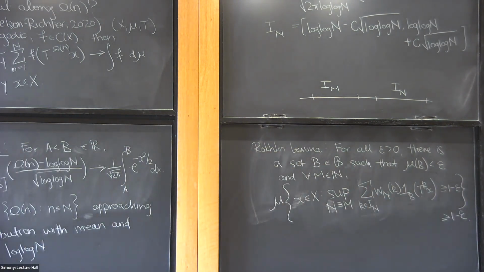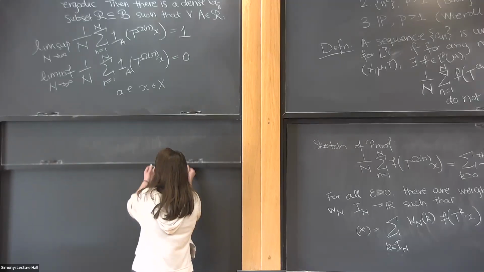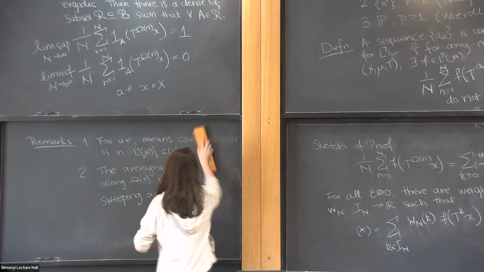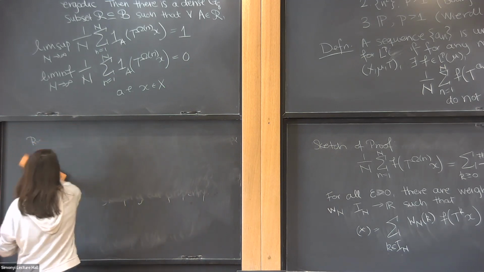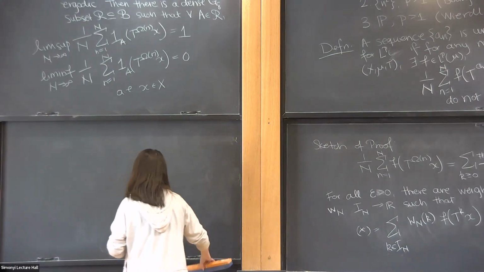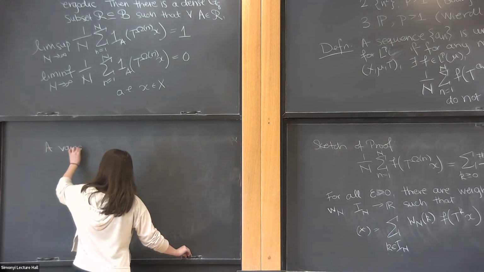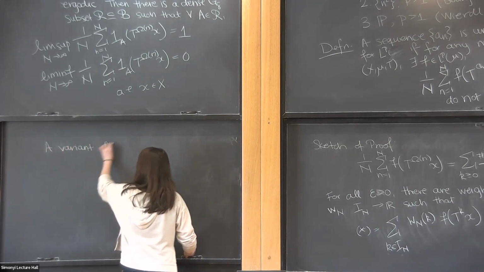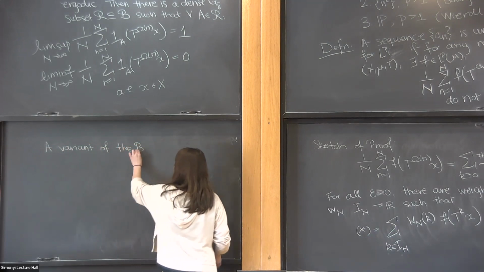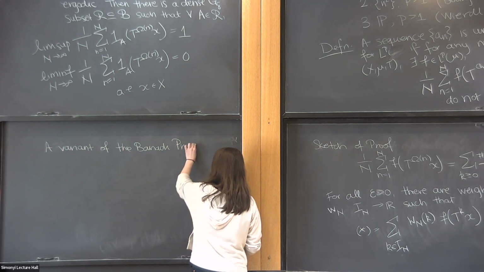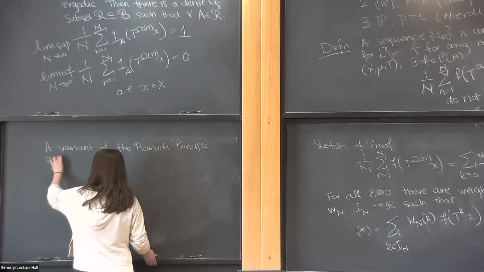And so the last step of the proof, leave the statement up there, is actually just a variant of the Banach principle, which guarantees our density delta that we wanted.